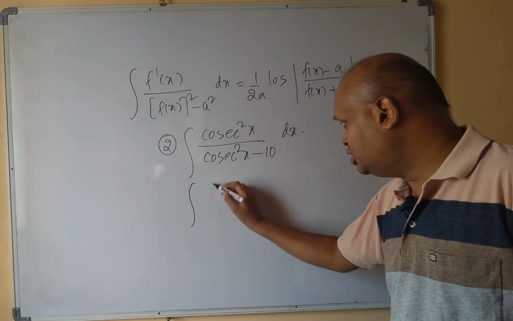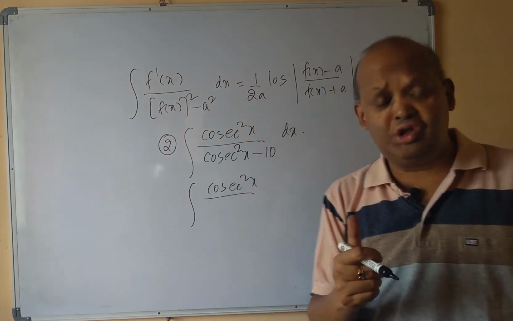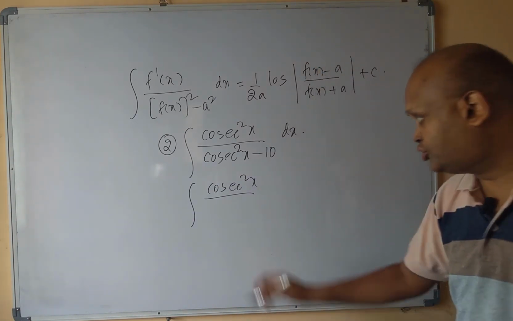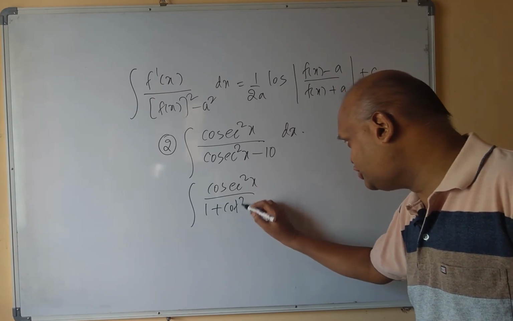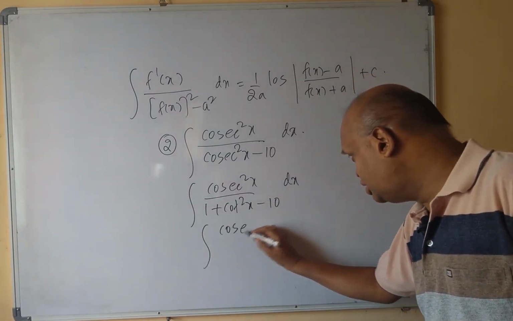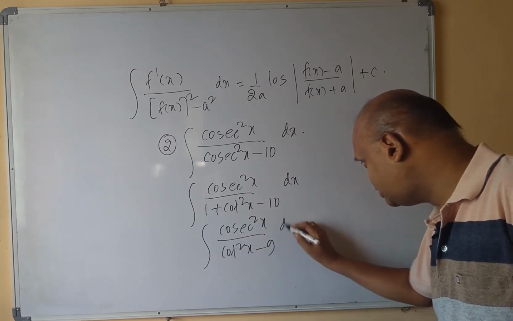Definitely here cosec square x, and on differentiating what do we get cosec square x? Cot x, because the derivative of cot x is minus cosec square x. So I am going to write 1 plus cot square x dx minus 10 dx. So this is cosec square x upon cot square x minus 9 dx.